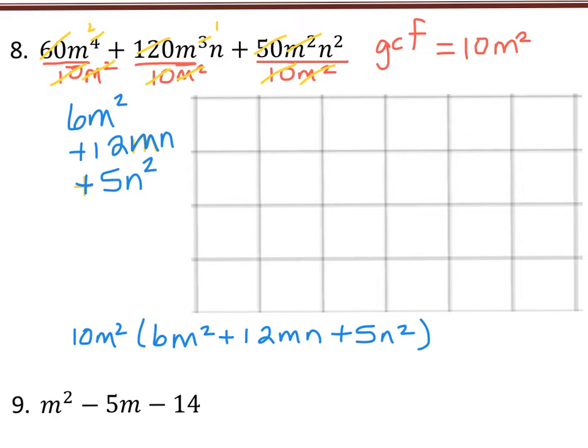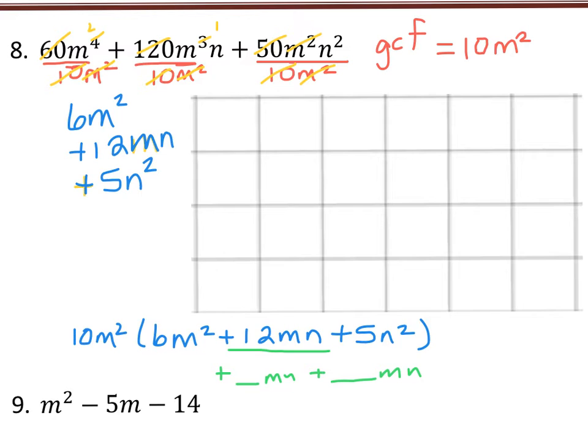And so it is factorable, but the question is whether or not this polynomial in the parentheses is factorable. And you need to remember, once again, that this was originally two different terms.